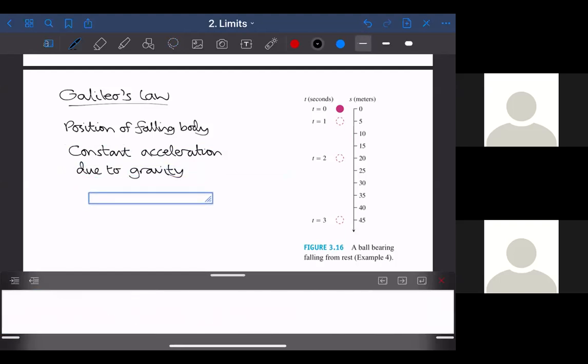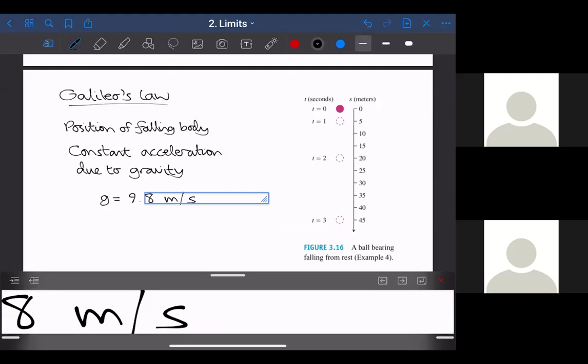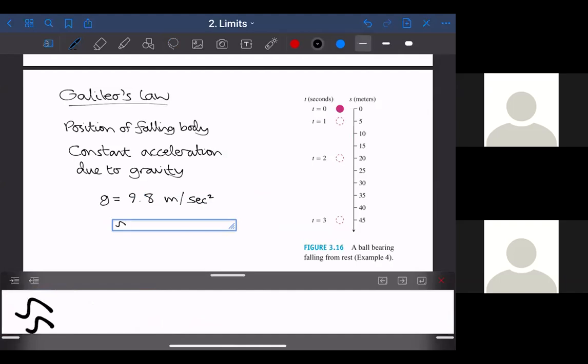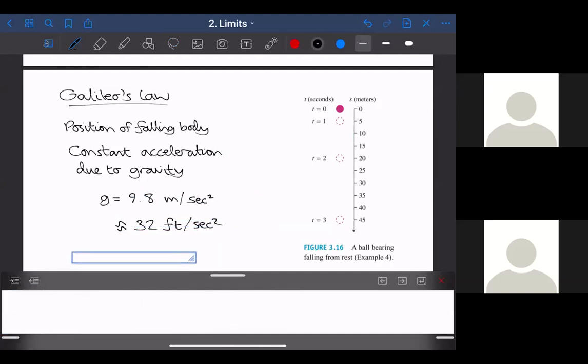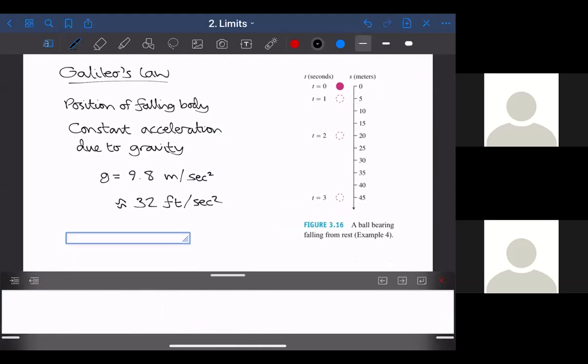And that acceleration is g, approximately 9.8 meters per second squared, or in British units, feet per second squared. And the position, in terms of this g, is half g t squared.